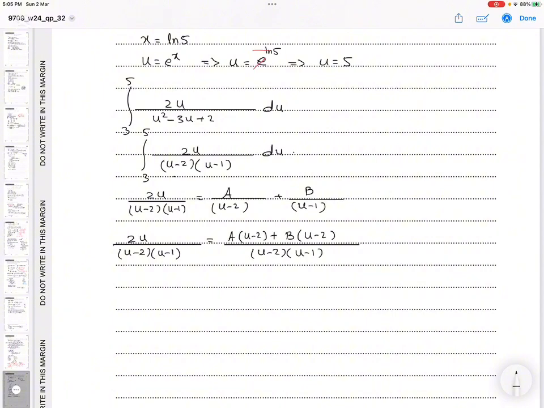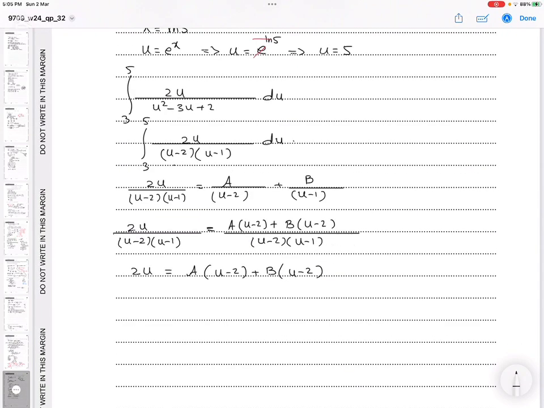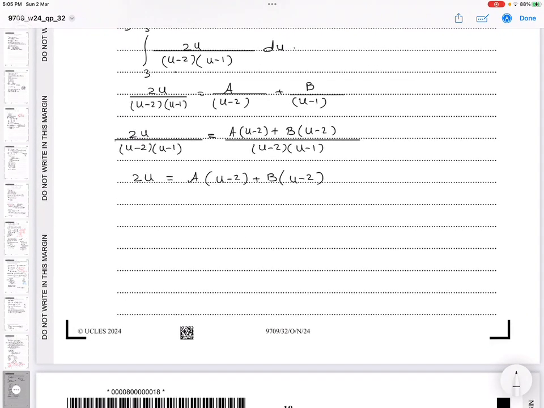The denominators on both sides are the same, so you just have to write the numerators. 2u equals a(u minus 1) plus b(u minus 2). To eliminate a or b, you have to use values of u that make the factors 0. So if we take u minus 2 equals 0, we get u is equal to 2.